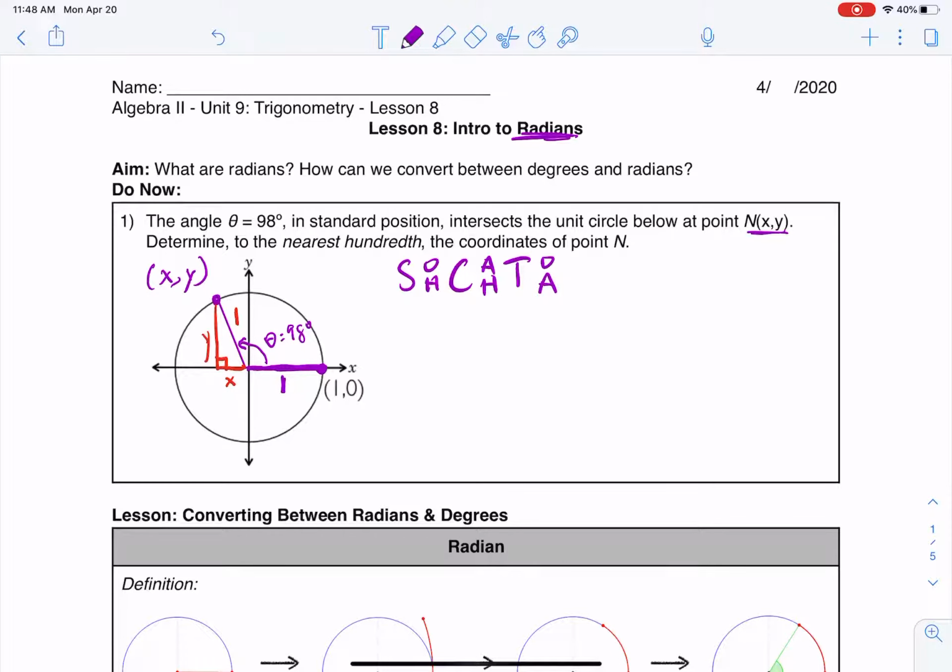So to find that value of y, I'm going to write an equation. Sine of 98 equals y over 1. That equation is going to help me find what my y value is. Now, because the hypotenuse is 1, I can just simplify that equation to sine of 98 equals y.